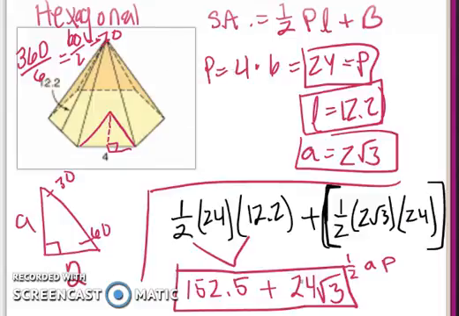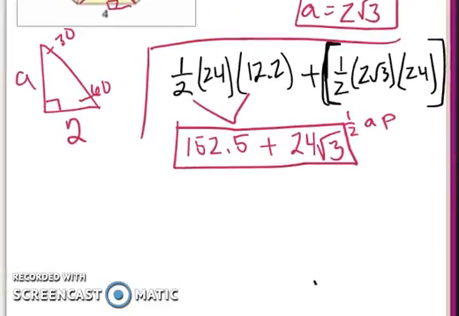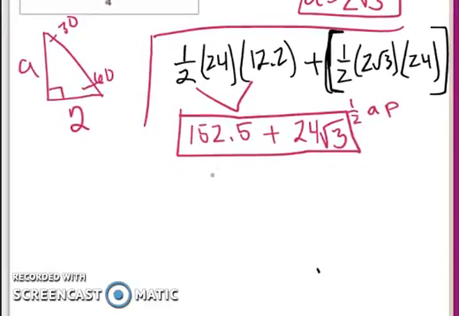If we don't leave this in radical form, then what I can do is I can actually just combine this in my calculator. So I'm going to do that right now. And I should get approximately 194.1, about 0.1 square units.